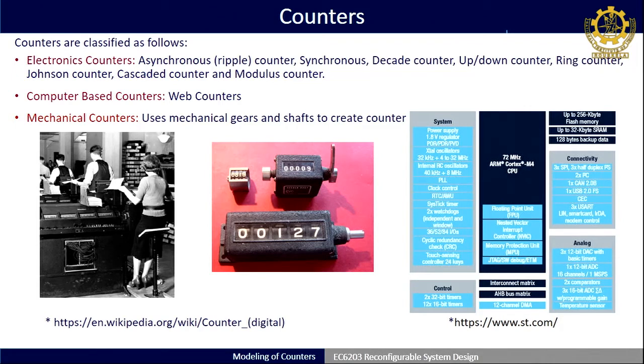The right side shows an ARM Cortex M4. Whatever mobile we are using now has the ARM Cortex A series. The M series is mostly used for academic purposes, or you can build any high end IoT based applications with it.